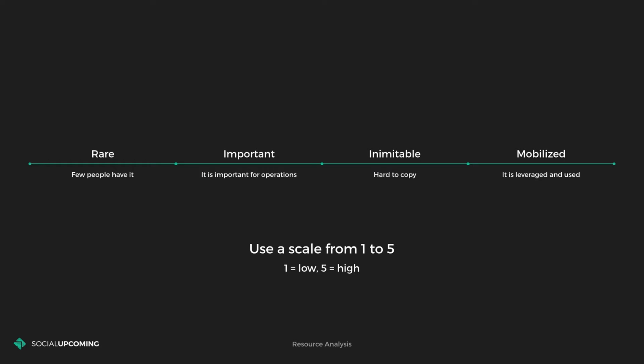When you do this type of analysis, you don't want to just check off and say, okay, this resource is rare, it is not important, but it is inimitable, but not mobilized. You don't want to use a yes or no scale. You want to use a scale from 1 to 5, where 1 is low or equals no, and 5 is high or equals yes, because the world is not black and white.